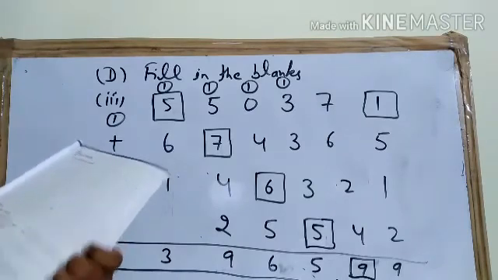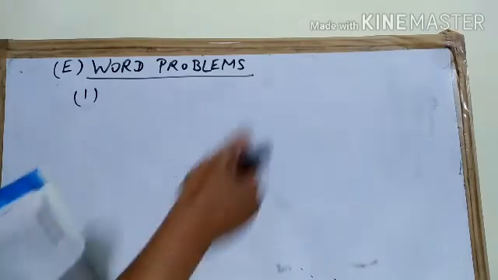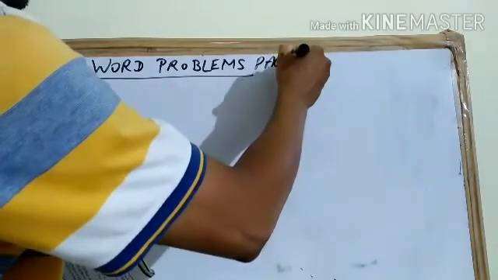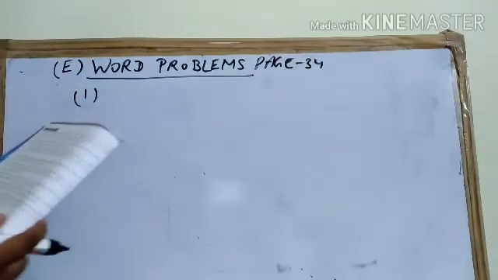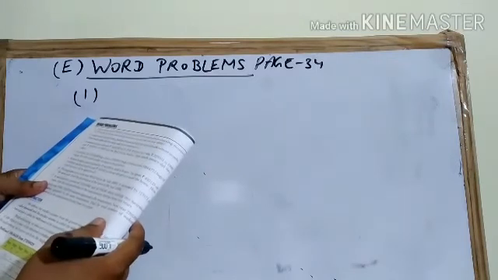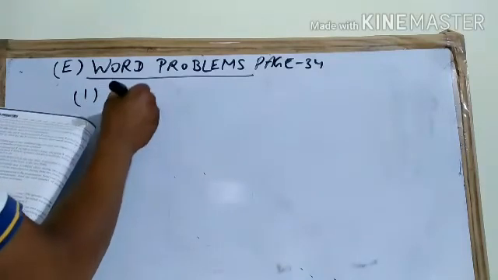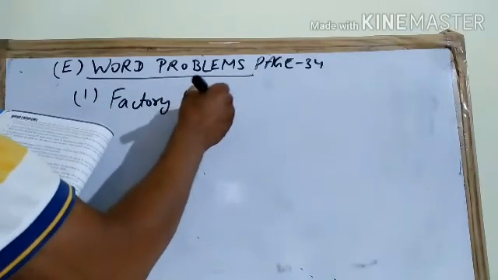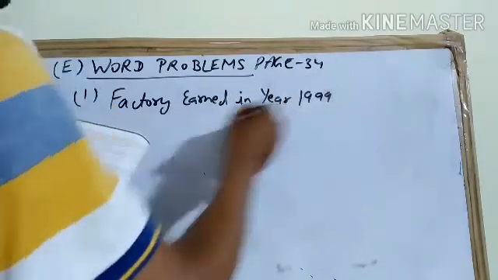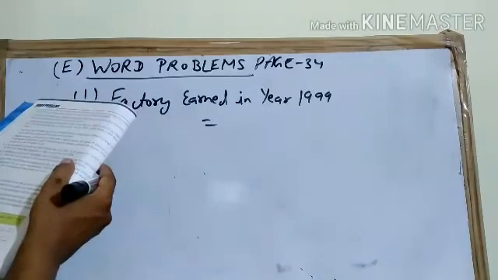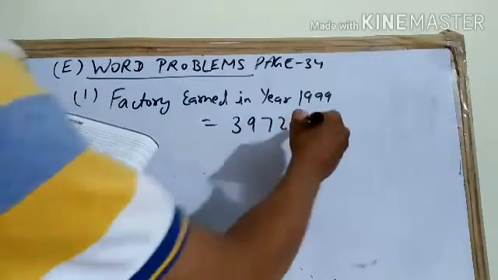Now let's take E problem. There are word problems on page 34. On page 34, the first problem is: a factory earned some profit in year 1999, that is 39726,314.